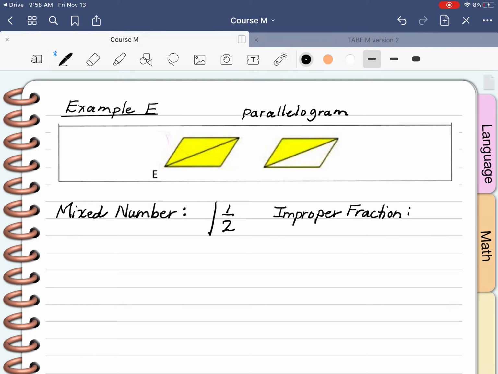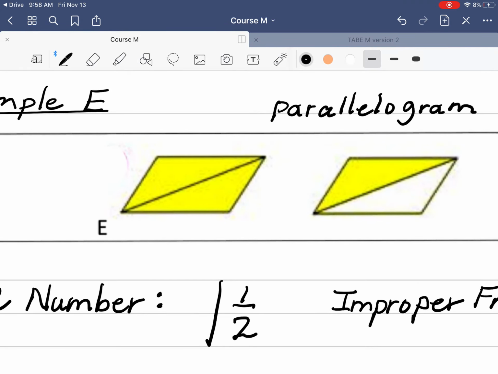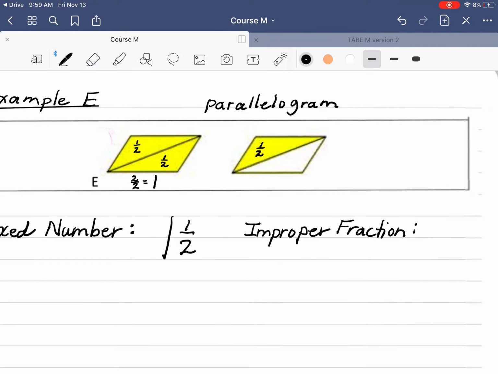So we have to count on this one. I have 1/2, 2 halves. 2 halves is equal to 1 whole. And then 1/2 of another one. So I have 1 and 1/2, or 3 halves.